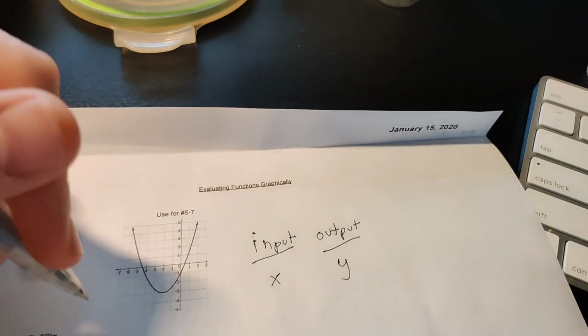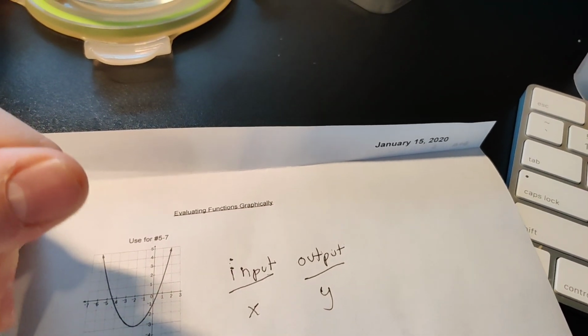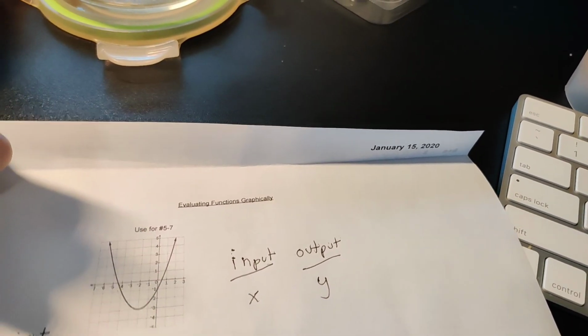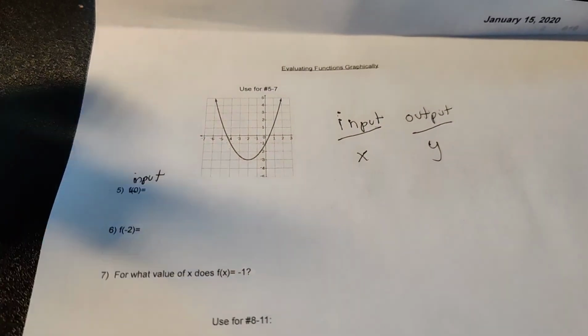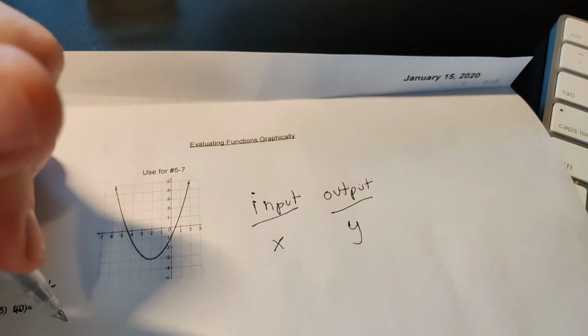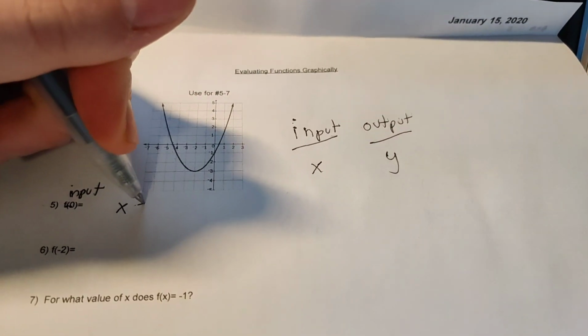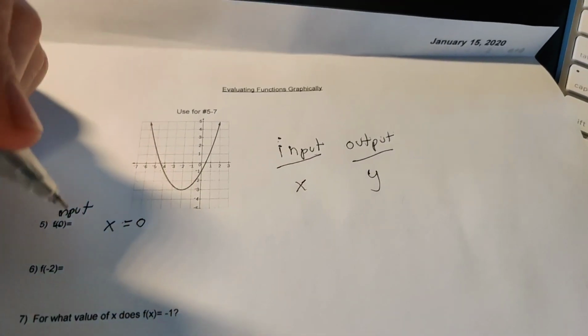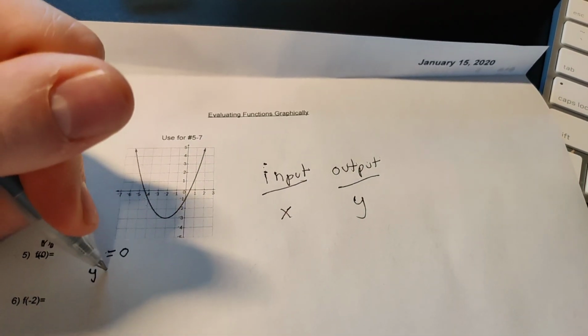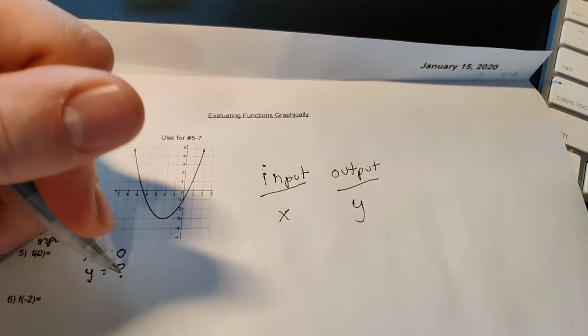Well, it's in parentheses, so this is an input, okay? So since this is an input, we know that the value of x is 0. What do we want to find? We want to find the output. We want to find the value of y. So I'm going to go y equals question mark.